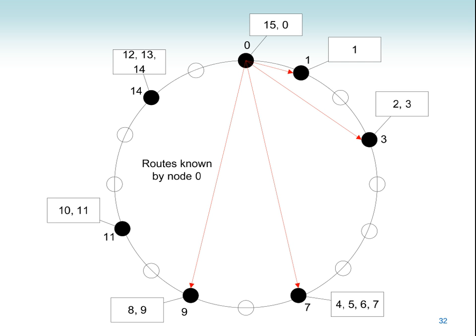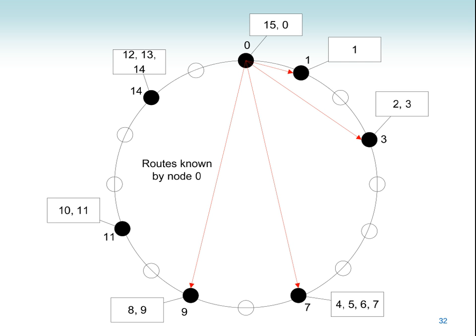You maintain more than one entry, and the scheme is to maintain entries, for example, to nodes which are 1, 2, 4, 8 positions away. So we double the distance from our node. Node 0 maintains a route to the nodes which are 1, 2, 4 and 8 positions away.